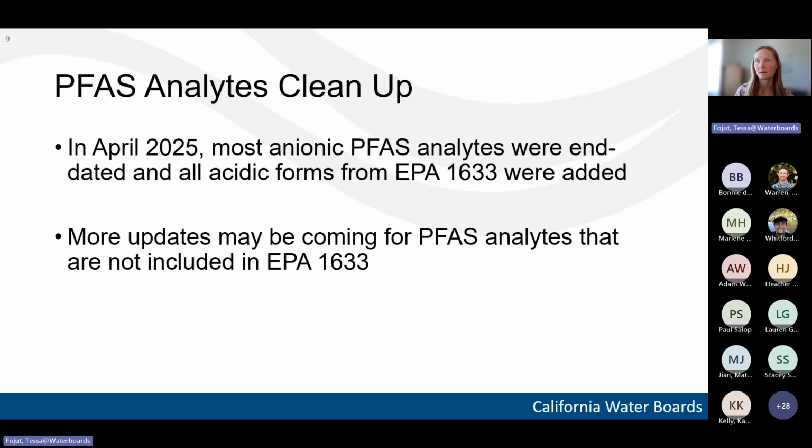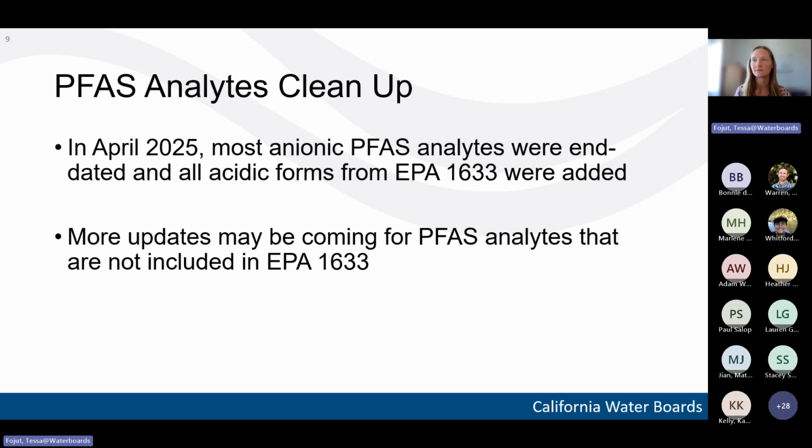And then, as I mentioned, just recently in April, we did a big cleanup of the existing PFAS analytes. So we end dated a lot of the anionic names and added the acidic forms. There may be a few more updates coming, because we had analytes in CEDEN that were not in an EPA method.